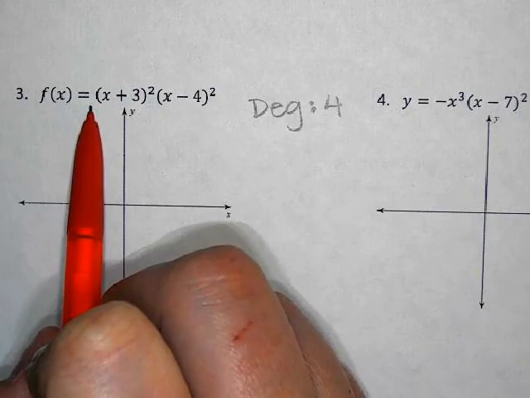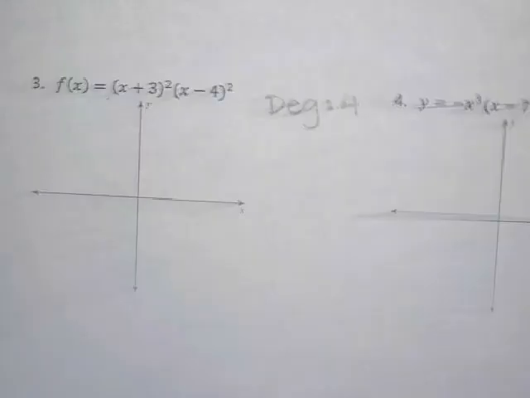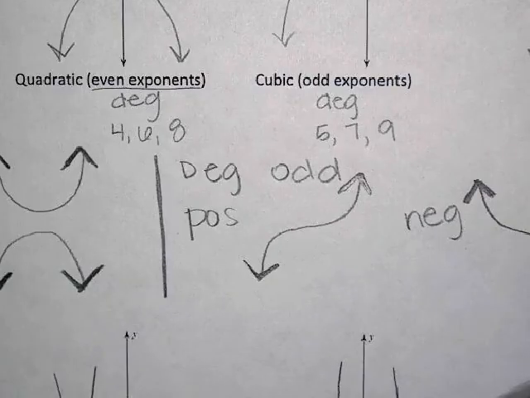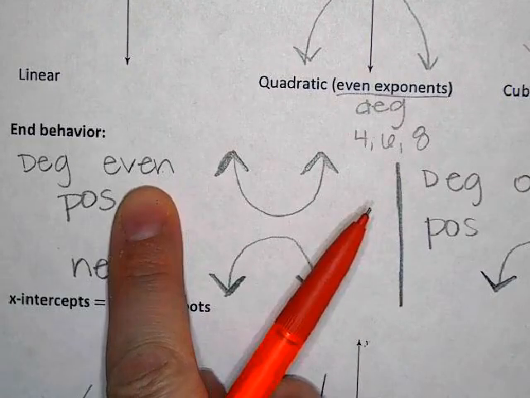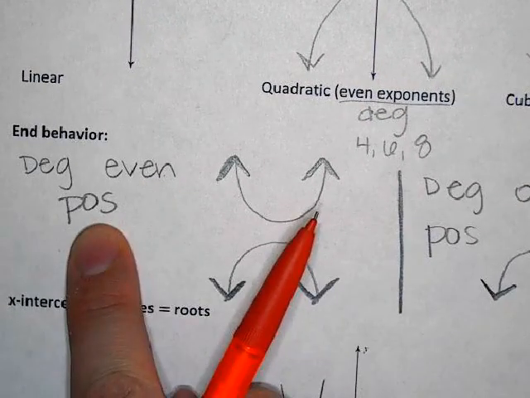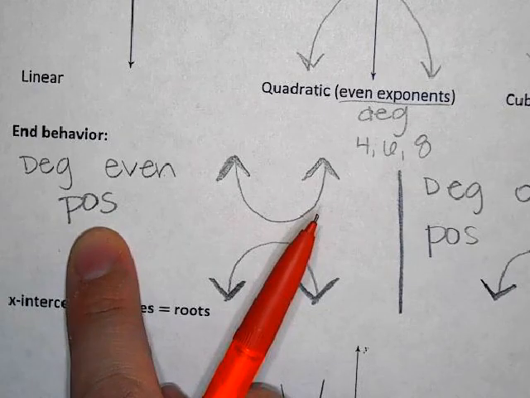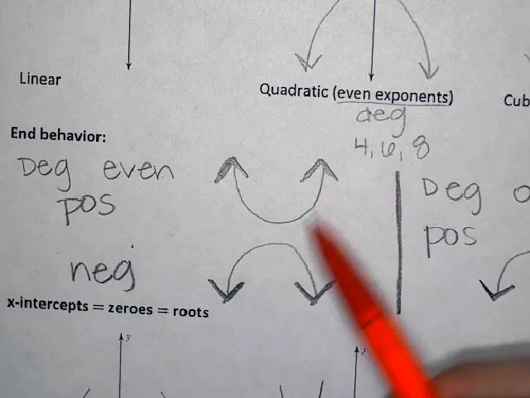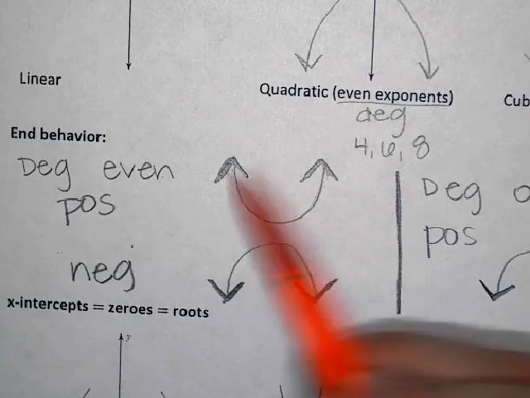Is it even or odd? Even. It has an even degree. Positive coefficient, even degree. So overall, it's going to be shaped like this. Both arrows are going to go up. Okay, so this is what we've got overall.